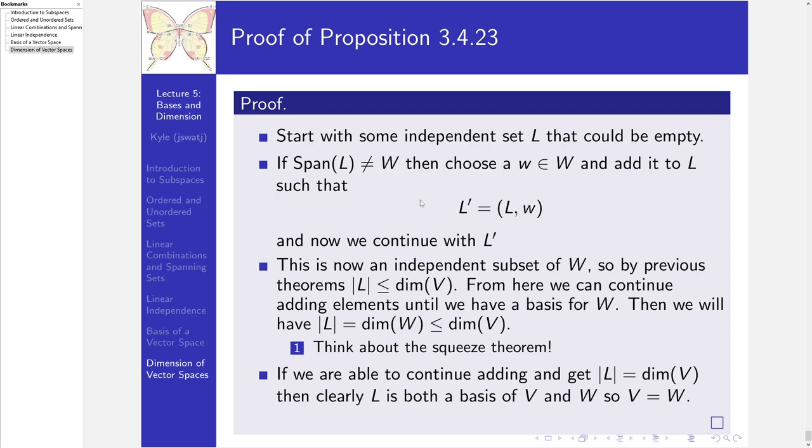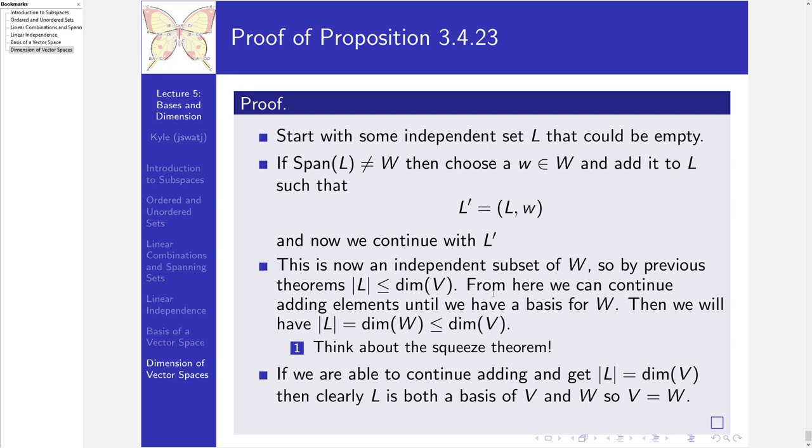Then we can choose any vector in W that can't be made using the spanning set, and we'll add it to the set. Basically, our spanning set is too small. And eventually, we'll continue this process of just adding vectors, and we'll get an independent subset of W.